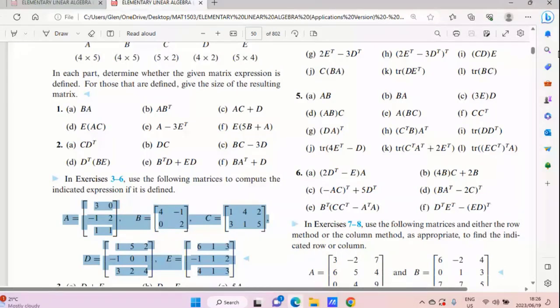Do we agree? Yes, we do. The second entry in the second row is going to be 0. Agree. The first entry in the last row is going to be plus 4, and the last entry in the third row is going to be plus 7. We agree. Yes, sir.